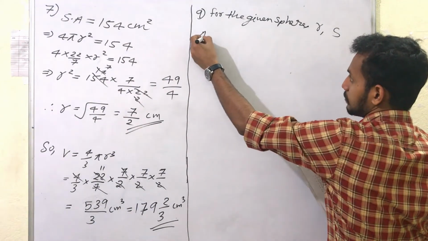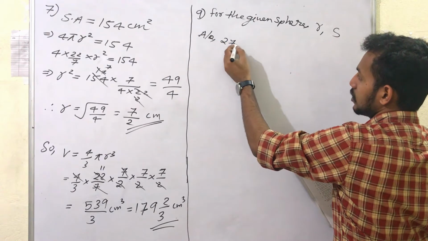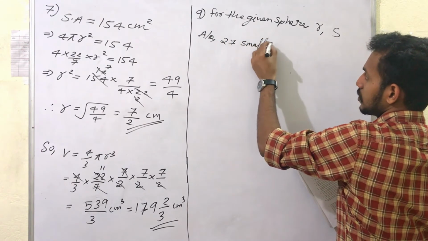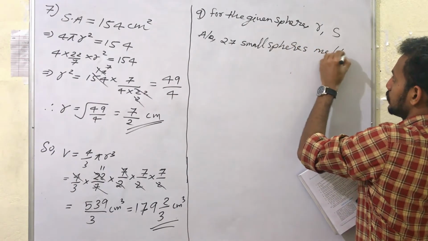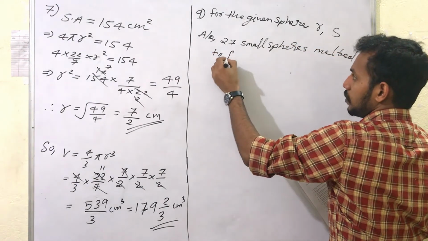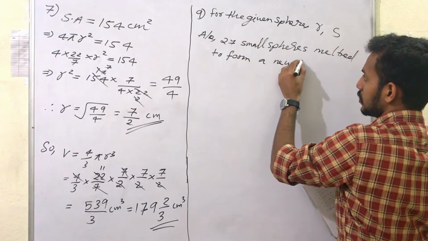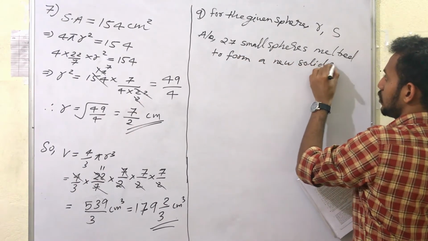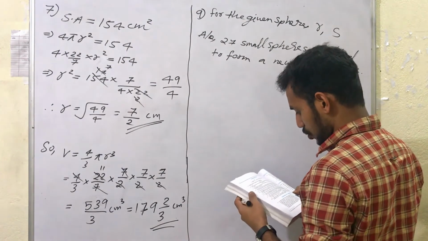According to the question, 27 small spheres are melted to form a new solid sphere. That is given in the question.